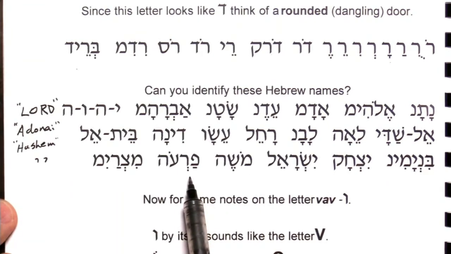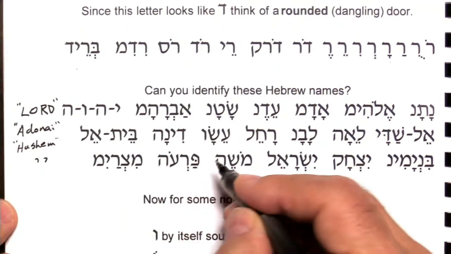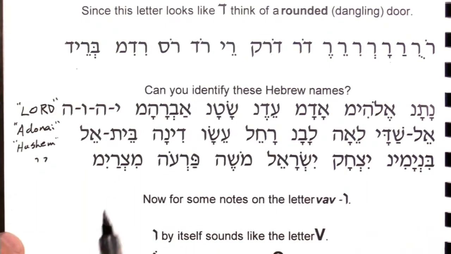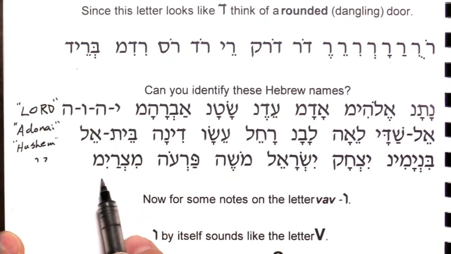Pharaoh. But sometimes in the Bible, his name is spelled with that dot there and pronounced Paro. Sometimes it's Pharaoh, sometimes it's Paro, but it always means Pharaoh. And he was the king of Mitzrayim, which is the Hebrew name for Egypt.